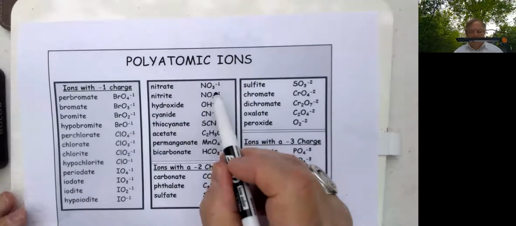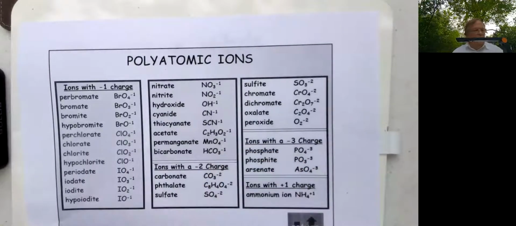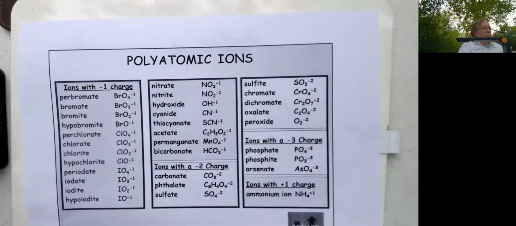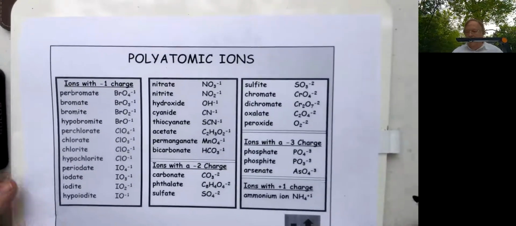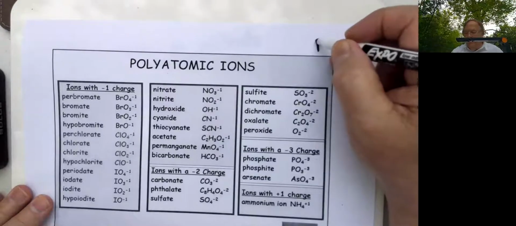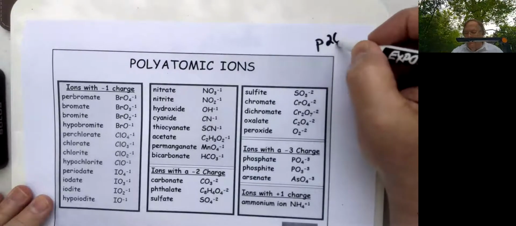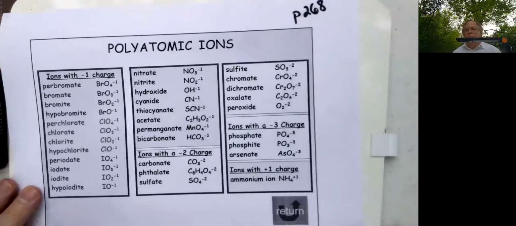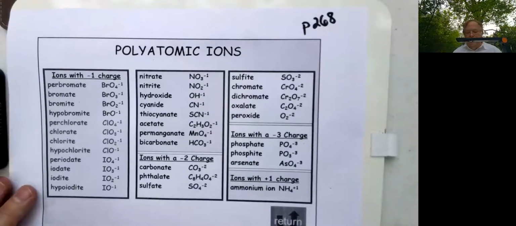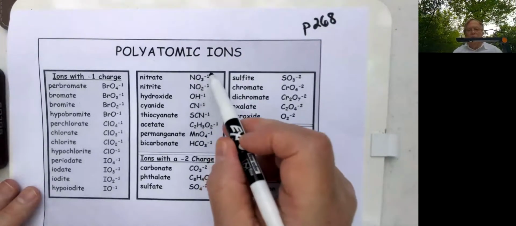There is a really nice one in the book, if you have a copy of the book handy. I have that page written down. It is page 268. So you can get in your textbook, page 268. Okay. But here's nitrate, NO3, -1.